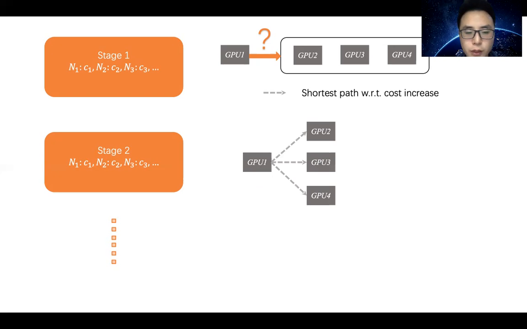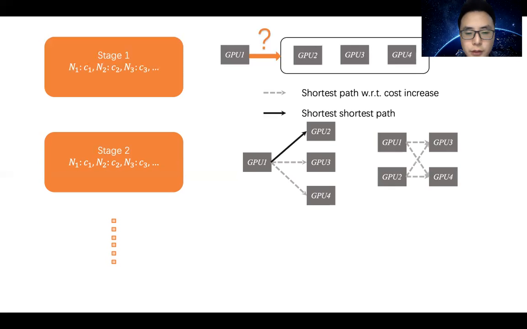Let's say GPU2 has the smallest cost increase among those GPUs. Then we send the vertex from GPU1 to GPU2. And now GPU1 and 2 both have the required vertex. We use them to find the shortest cost path to GPU3 and 4 and pick the communication path with the smallest cost increase.